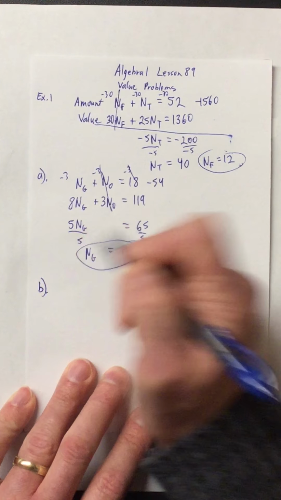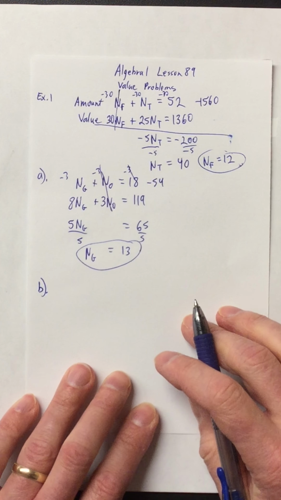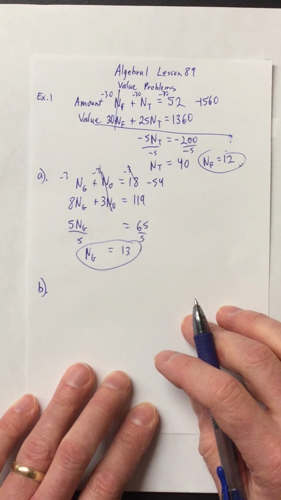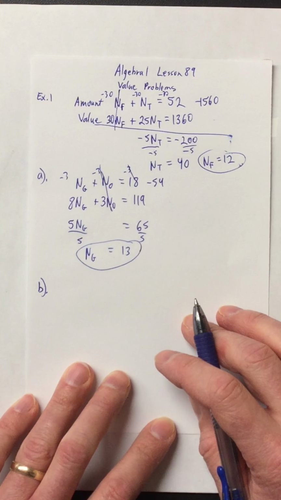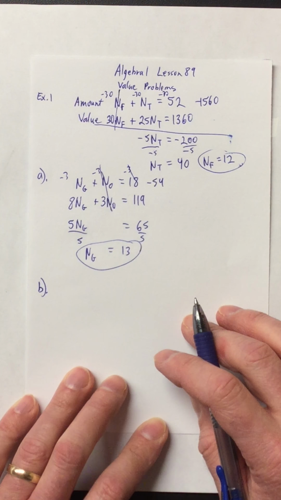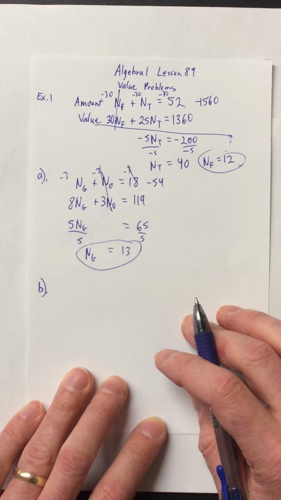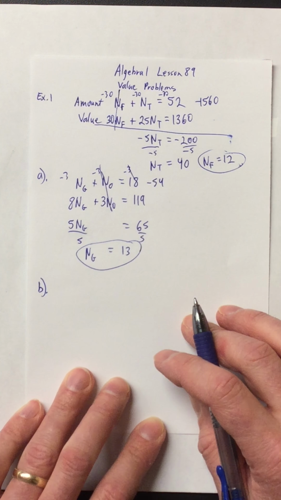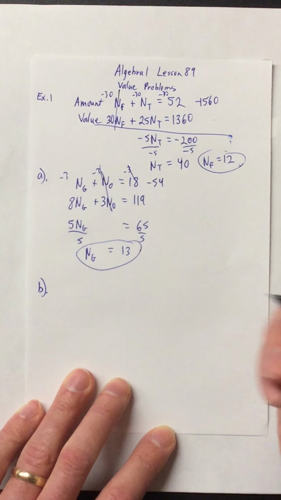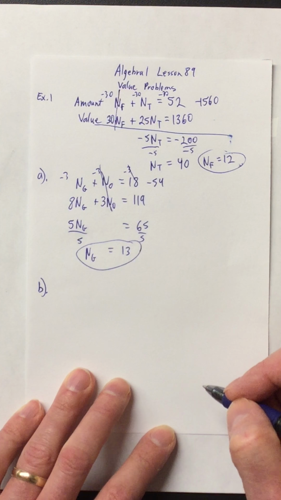All right, practice problem B. At the baseball game, adult tickets were sold for $5 and children's tickets for $2. If 175 tickets were sold for a total of $686, how many of each type were sold? Okay, once again, let's just do our amount.